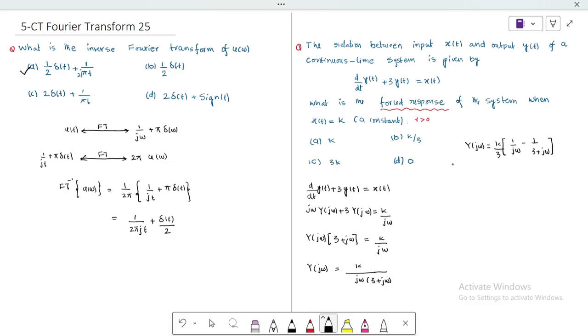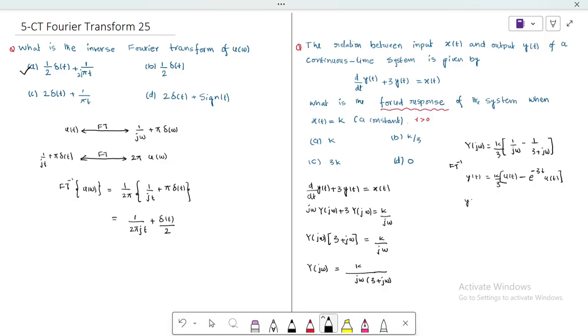So now apply the inverse Fourier transform. So y of t equals k by 3, which is a constant, so k by 3 is for the unit step, u of t, and this is also e power minus a t, so a equals 3, e power minus 3t into u of t.